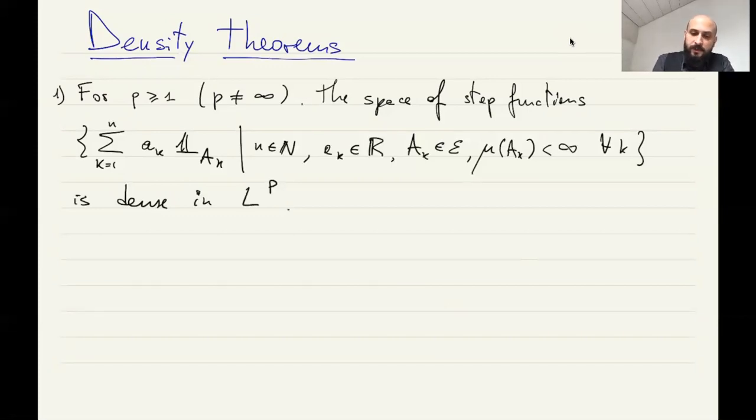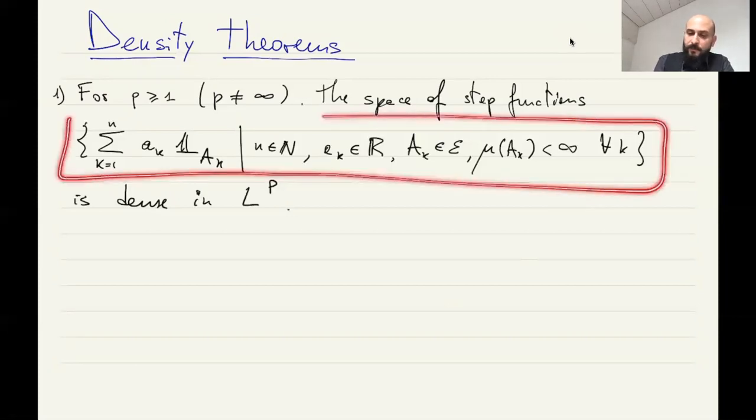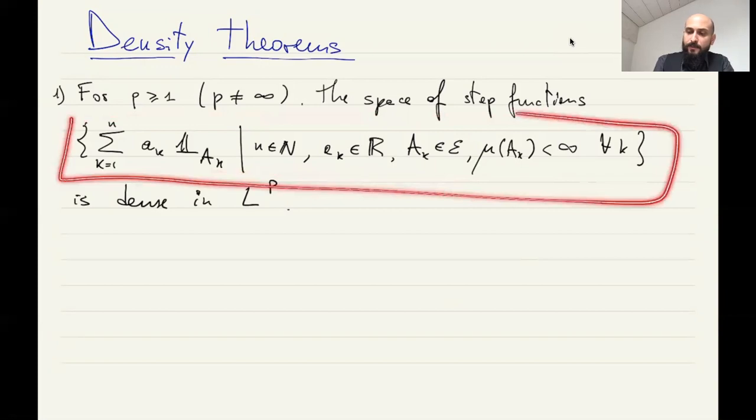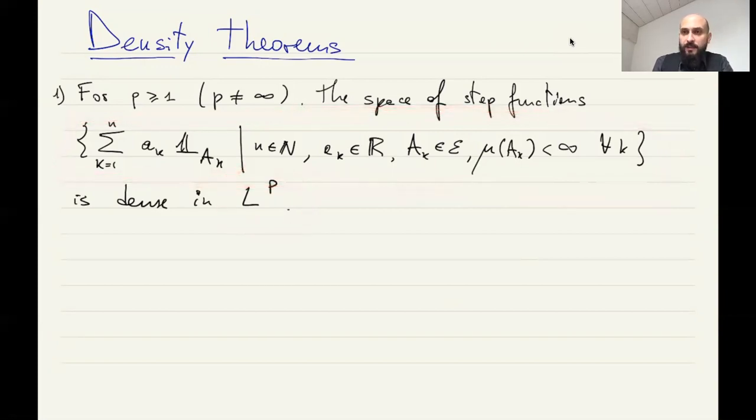Also notice, and I will prove it, that this set here is a vector space. So you can add two functions of this type and it stays of this type. So in infinite dimensions, we have a sub vector space of a vector space that is dense, but is not everything.